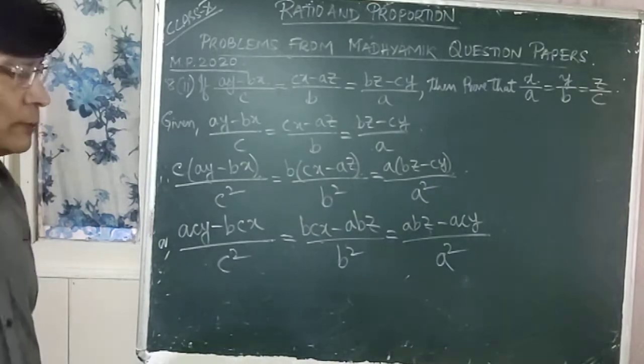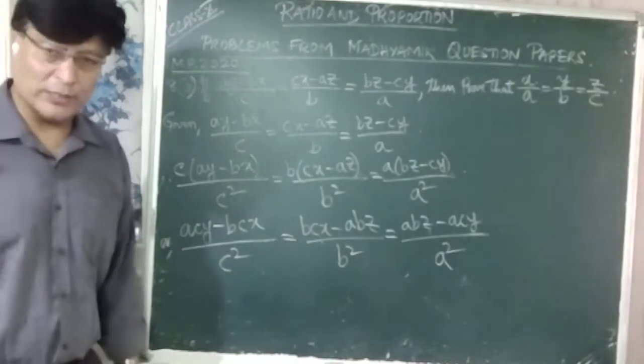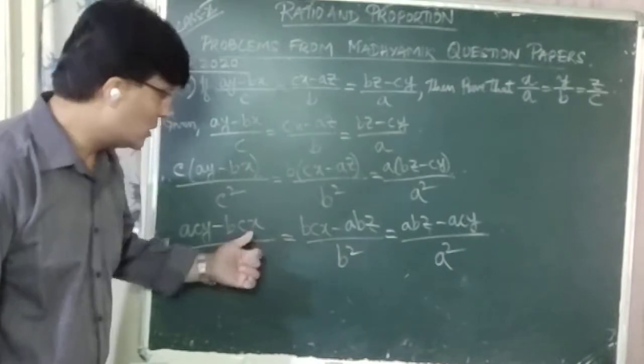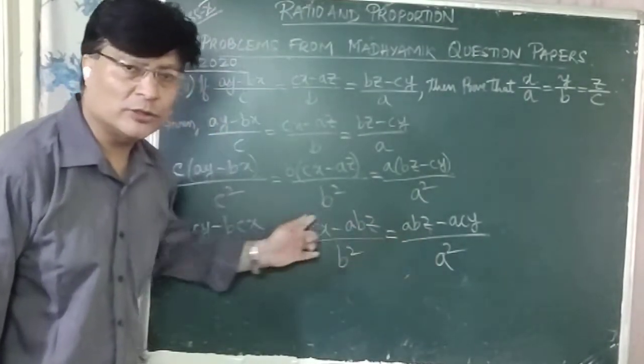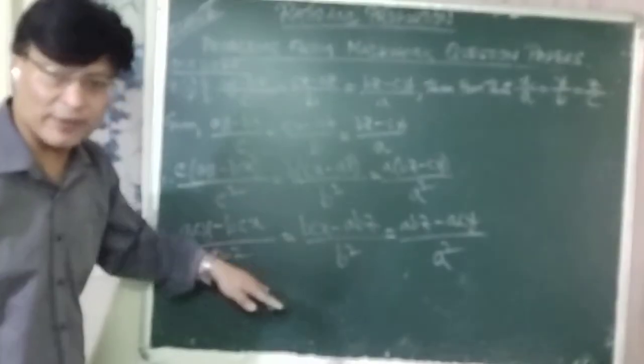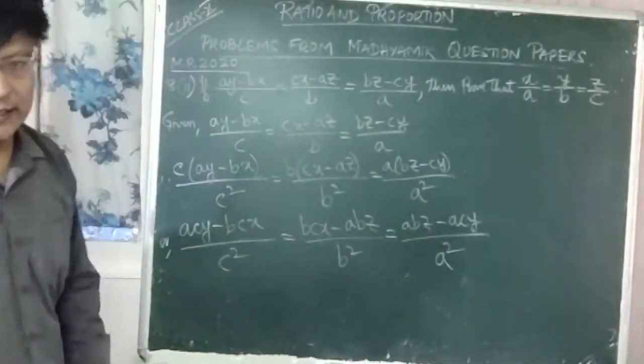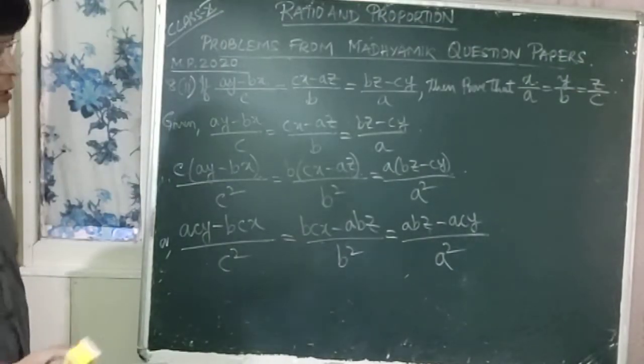So now what will you do? You can use addendo here. So by addendo, each ratio is equal to you add all these numerators divided by add all these denominators. Let's see what happens here.